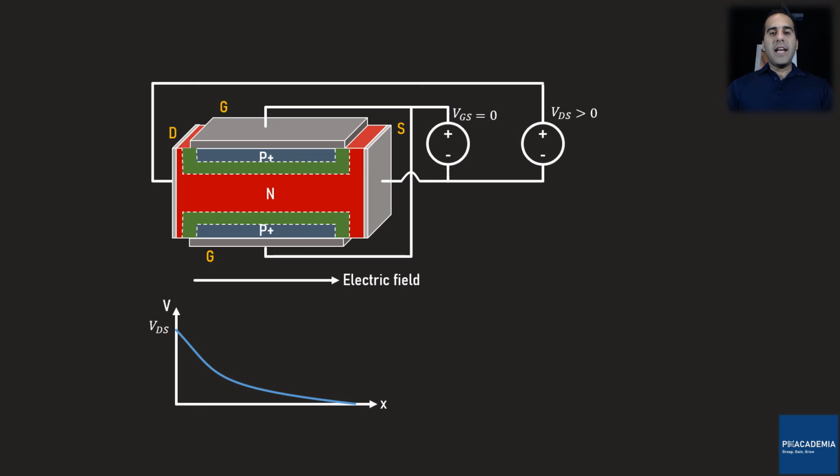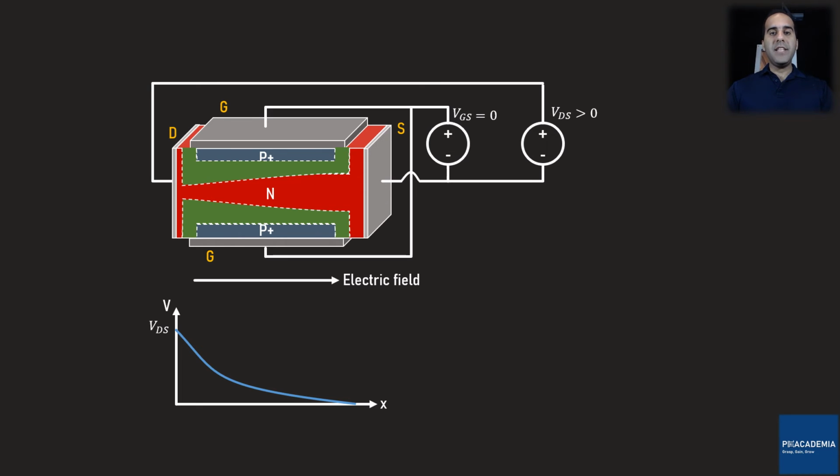In this situation, since the top and bottom PN junctions are reversely biased due to the applied VDS, by increasing VDS, the depth of the depletion regions increases. The closer the depletion region to the drain is, the more depth of the depletion region is achieved. On the source side, since the voltage level is 0, the depth of the depletion region does not change noticeably.